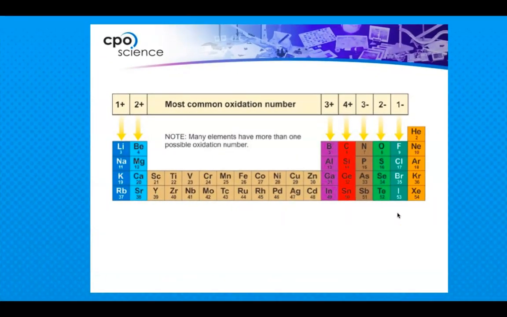This chart is going to be your best friend. This chart tells you what their oxidation number is. I just want you to understand that oxidation number comes from how many electrons they're giving away or taking. And that's because electrons have a negative charge while protons have a positive charge.